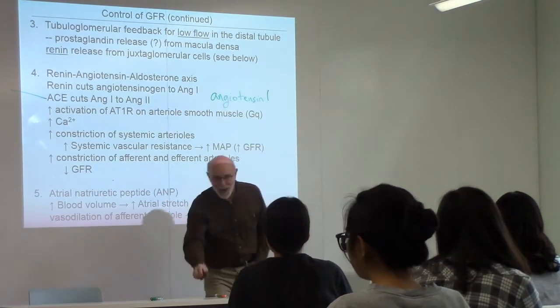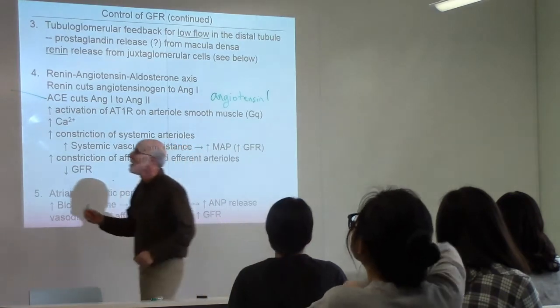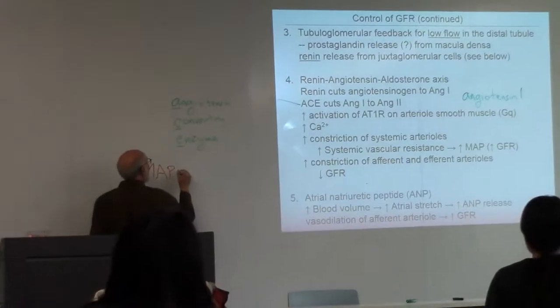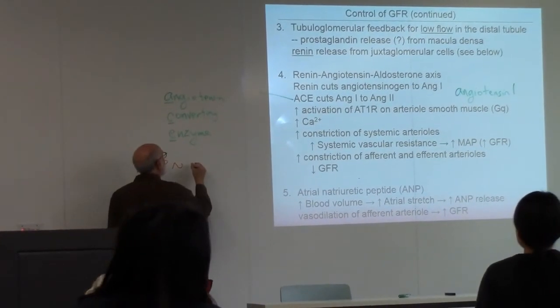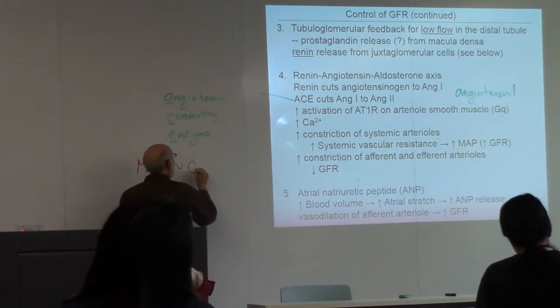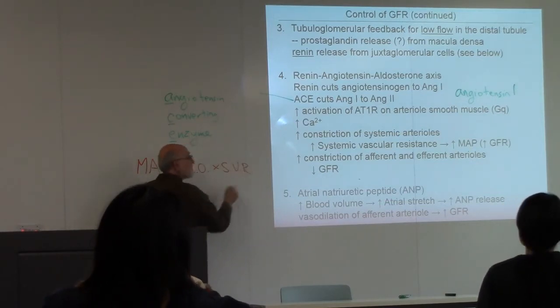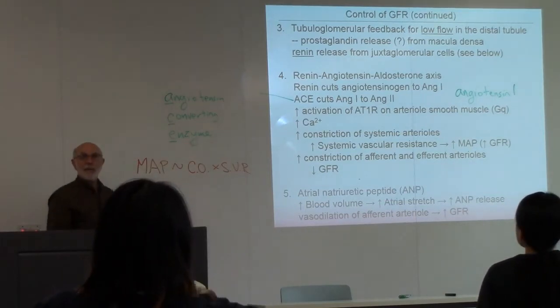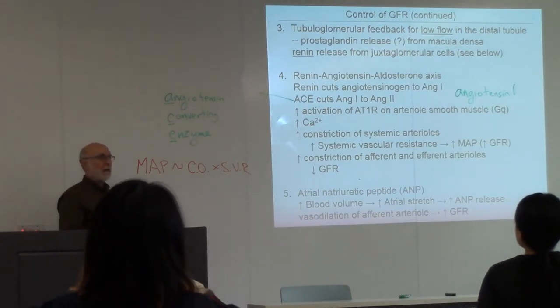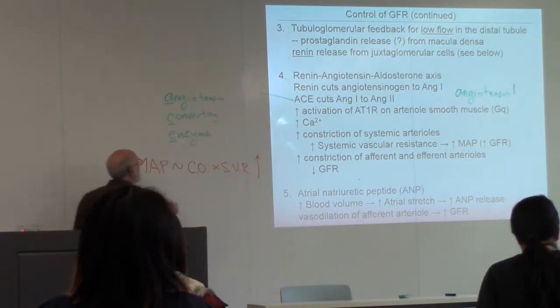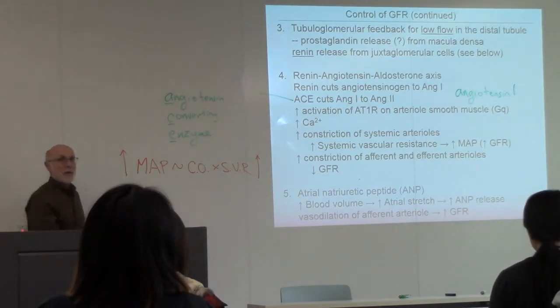You know, I'm going all the way back to the beginning of the semester. Remember, mean arterial pressure is approximately equal to cardiac output times systemic vascular resistance. That equation should ring a bell, even if you couldn't pull it up out of your brains. If we increase systemic vascular resistance, we increase blood pressure.